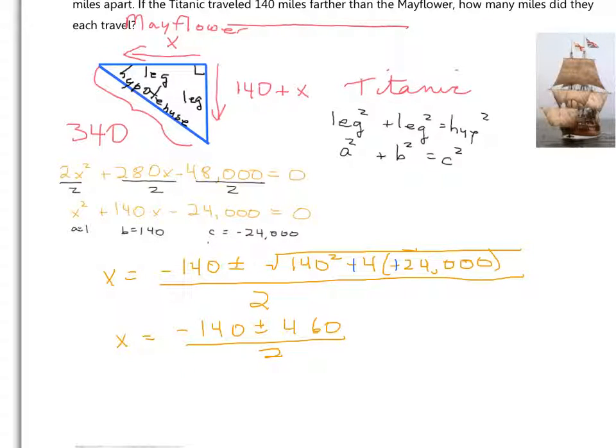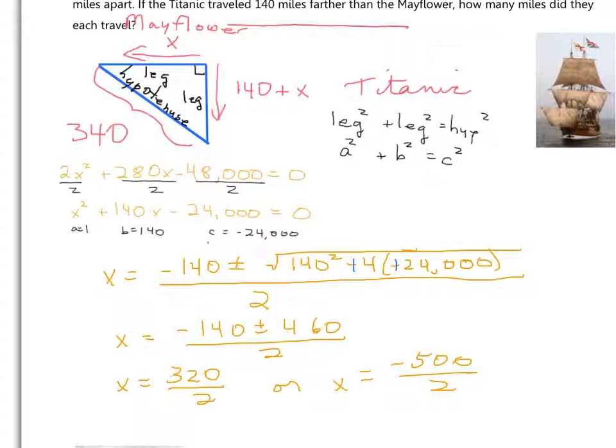And so that means x is either going to equal negative 140 plus 460 is 320 over 2, or x equals negative 140 minus 460, or negative 500 over 2.